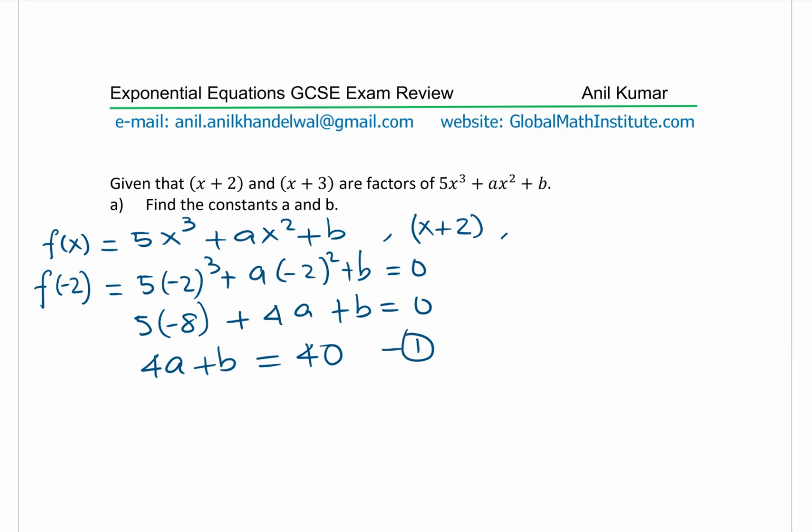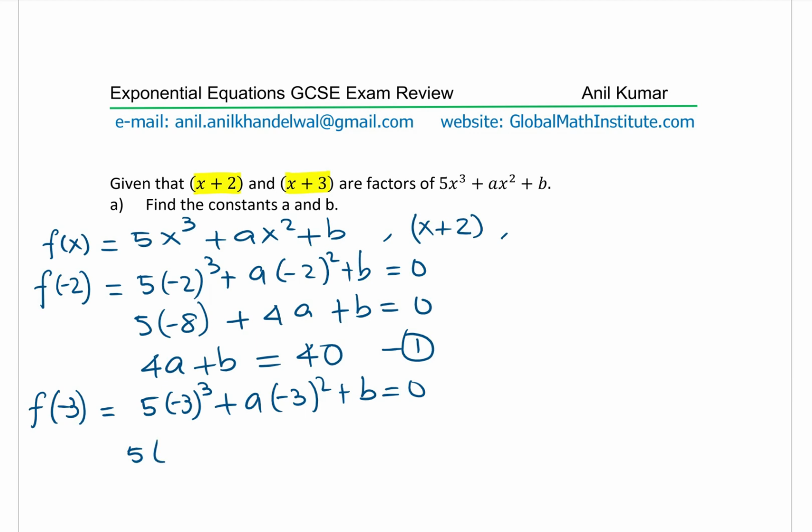Now, the other factor is x plus 3. So these are the two factors. We have already made one equation from the first factor. Now we will see how to use the second factor. So f of minus 3 is also 0. So 5 times minus 3 cubed plus a times minus 3 squared plus b is also equal to 0. Minus 3 cubed is 27 with a negative sign.